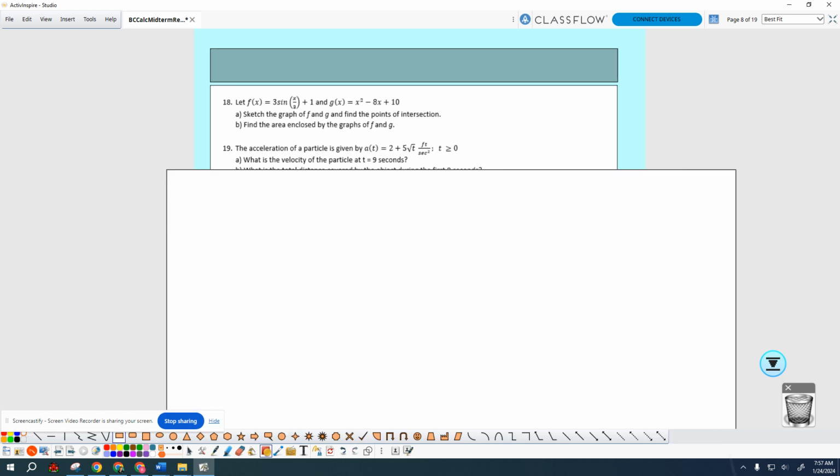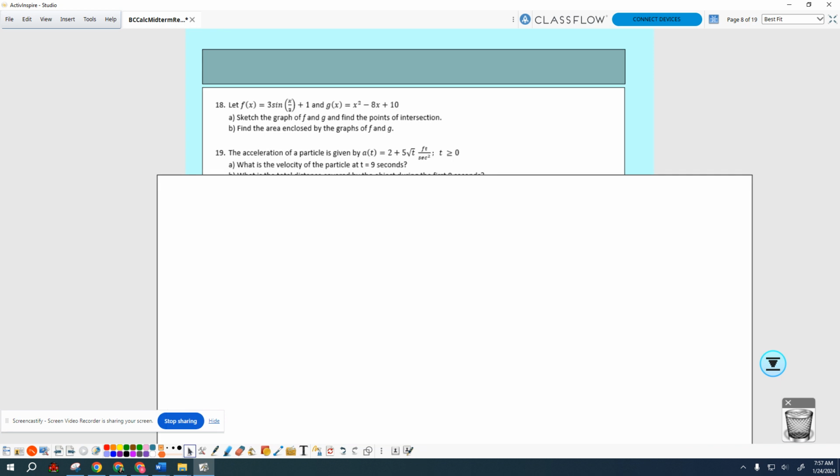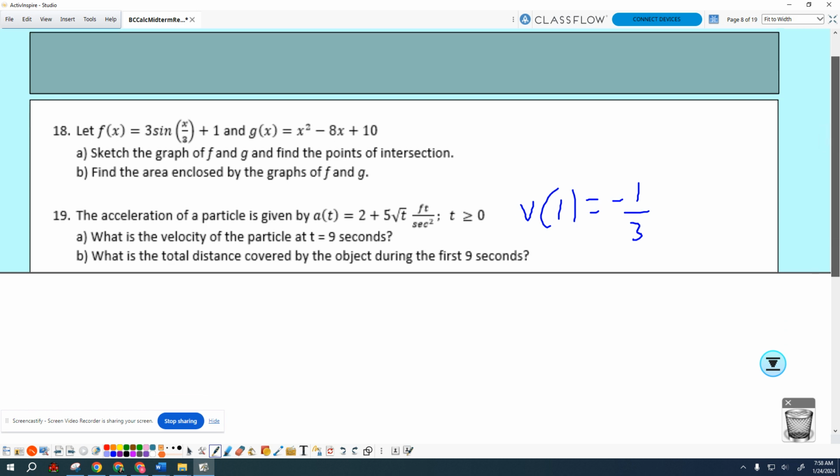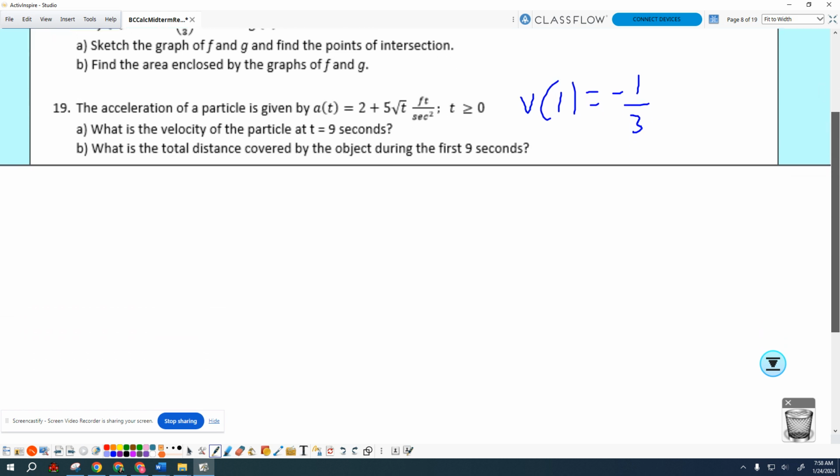Or not? Do I tell you what the velocity is? Yeah, v of 1 goes negative. Okay. So part A and B? I think I got confused because once you do B, part of the answer for A disappears.